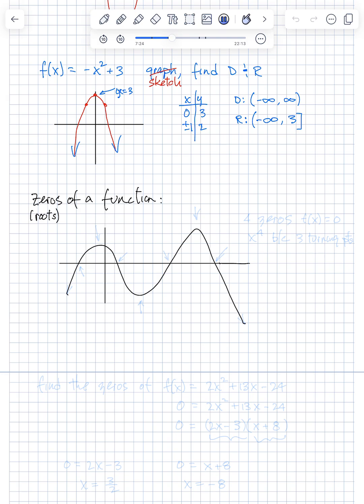So what we're actually finding is where the curve crosses the x-axis. So there's a 0 here, here, here, and here. So this particular graph, assuming that this keeps going down on the right and the left, has 4 zeros.